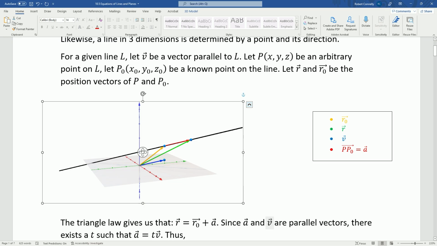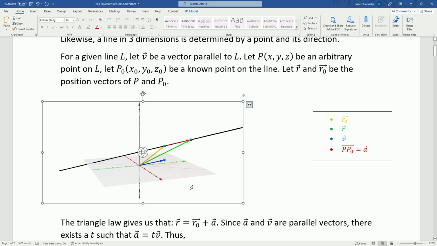But a and v are parallel vectors, so we can always replace vector a with t times the vector v. So maybe this v isn't as long as vector a is here, so we want to reach this point, so we multiply this vector v by, say, 1.5, whatever it is, and that gets us out to this point here.